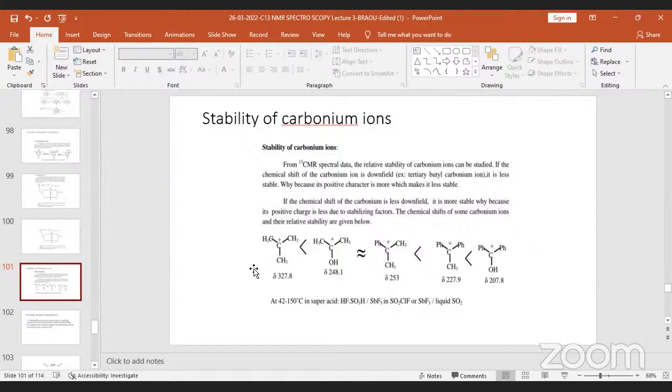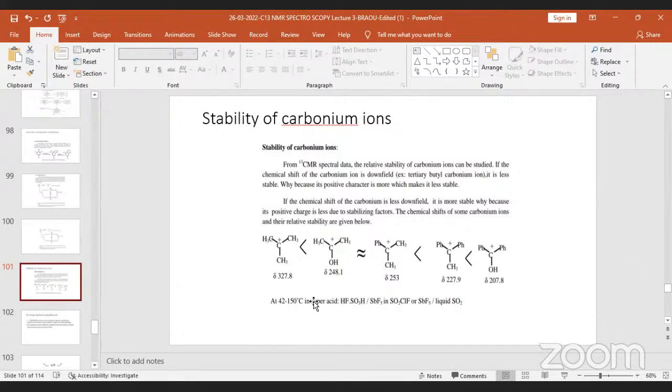The one with more positive charge is more electron deficient. When it is more electron deficient, the chemical shift value will be more, a downfield shift, because the chemical shift value depends on the electron density around carbon. More chemical shift means more positive character. Less chemical shift means less positive character.